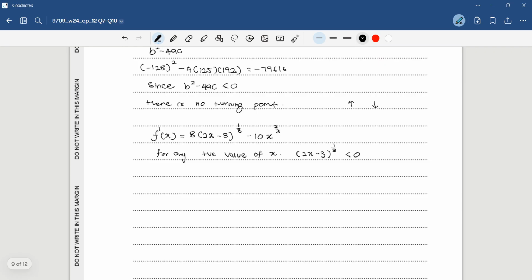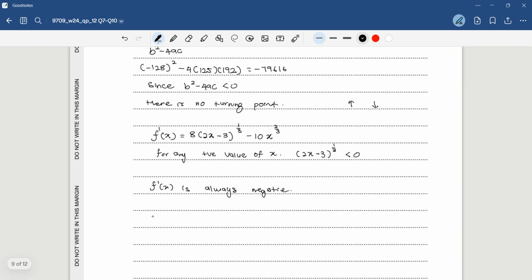So your f prime x will be always negative. Because if this is negative, a negative number multiplied with 8 will be negative. So negative minus negative is always negative, for any positive value of x.